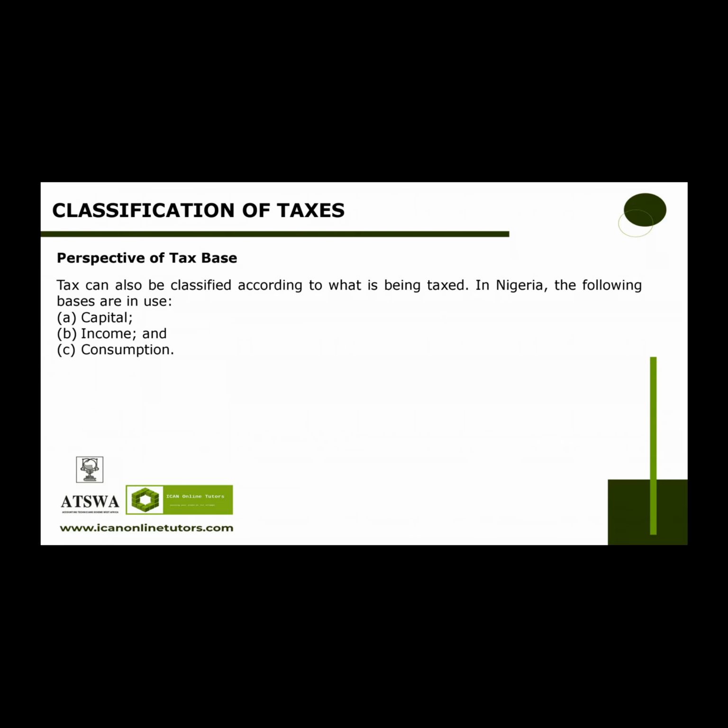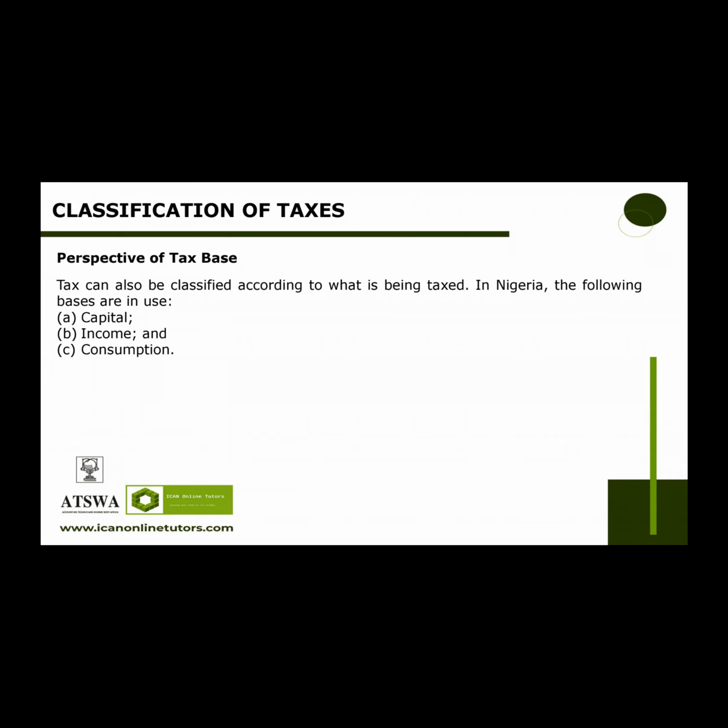Okay, so in Liberia, we have what? We have the income, and also we have what? We have the consumption tax base. We have the income tax base, and we have the consumption tax base as well, and others.